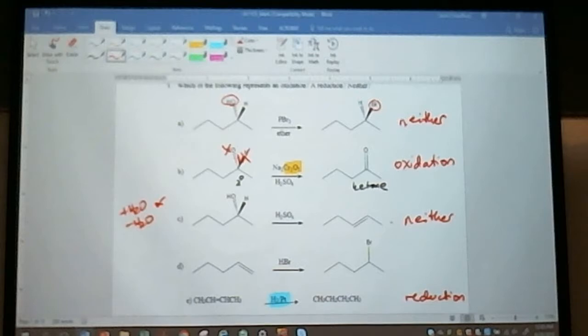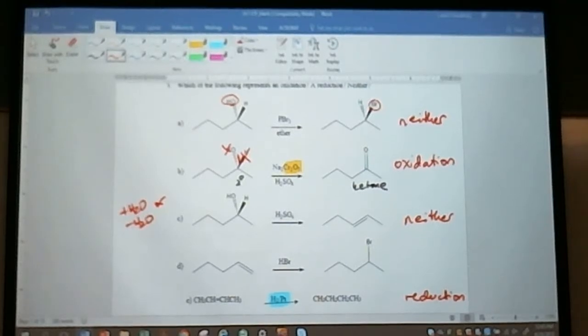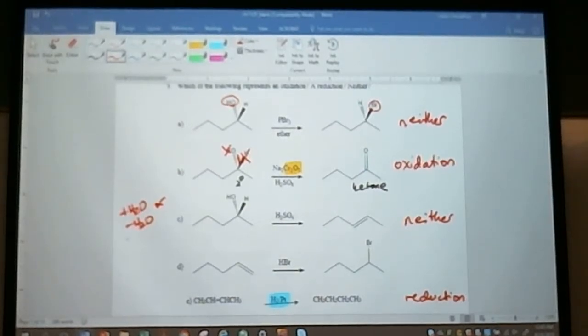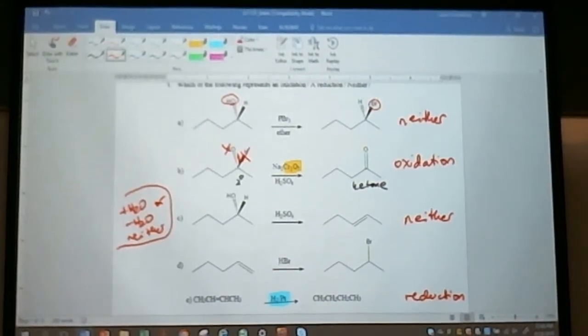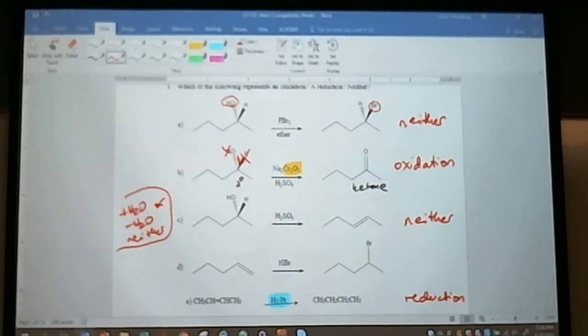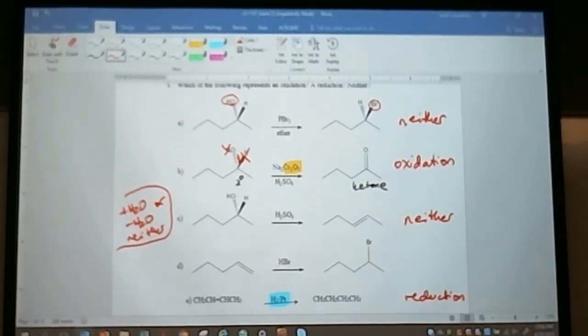In this case, we're removing water, but the reverse will also not be an oxidation or a reduction. Okay? And adding or removing HBr is neither a reduction nor an oxidation. So this is also neither reduction nor oxidation.